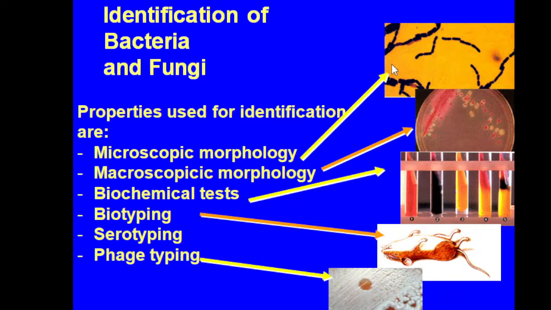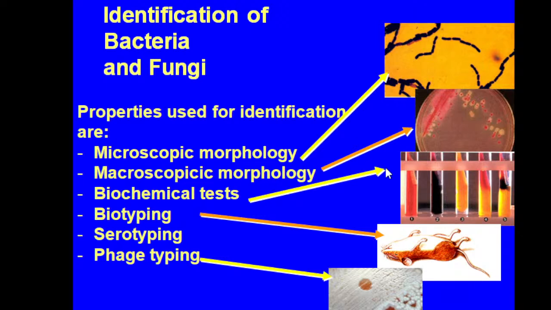So microscopy is more important for fungi than for bacteria. Then the cultural characteristics means how fungi grow on the slant or on the plate agar or on some other media.